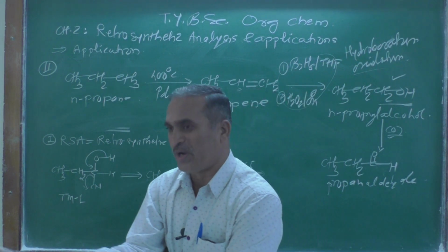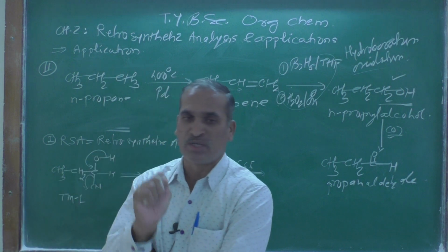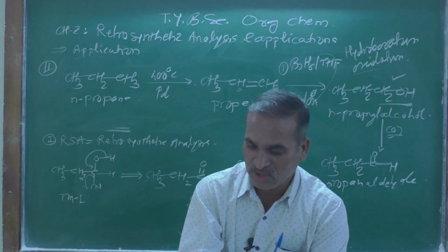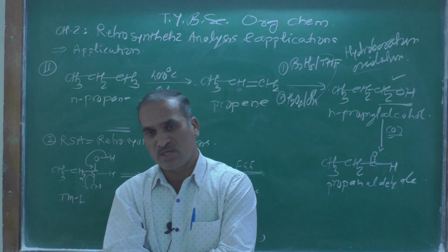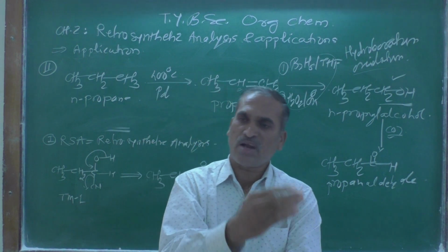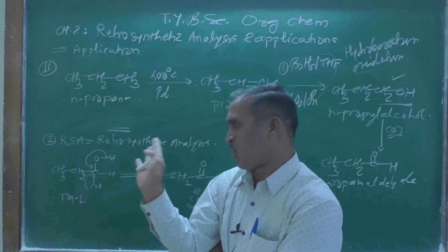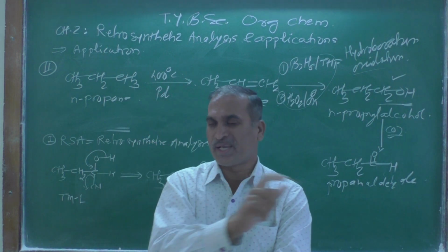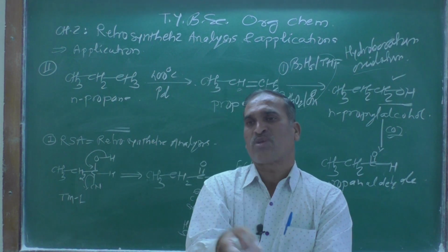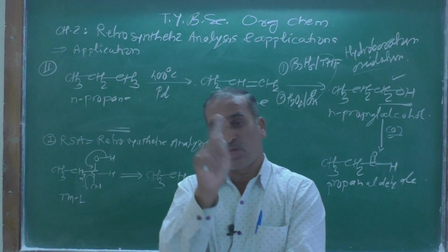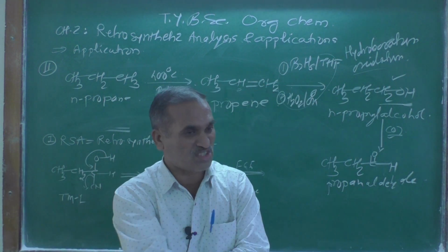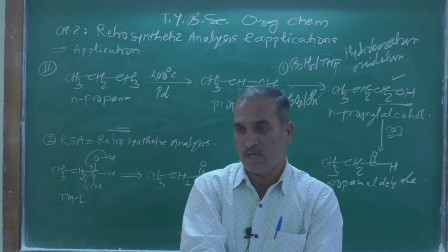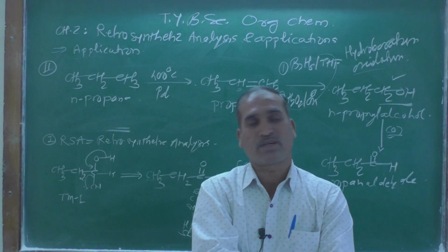Loss of electron is called oxidation and gain of electron is called reduction. So that is the simple definition used in inorganic chemistry, but in organic chemistry a different definition is used. Let me tell you the simplest: oxidation means removal of hydrogen atom from the substrate, the starting material or the reactant.